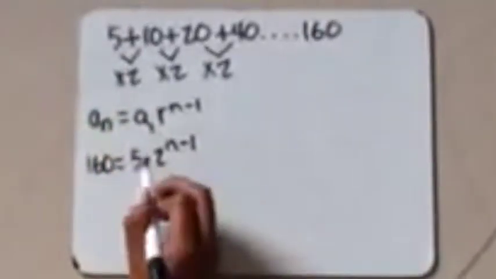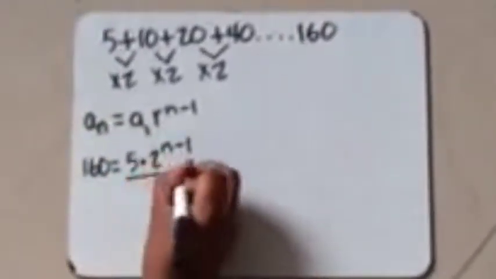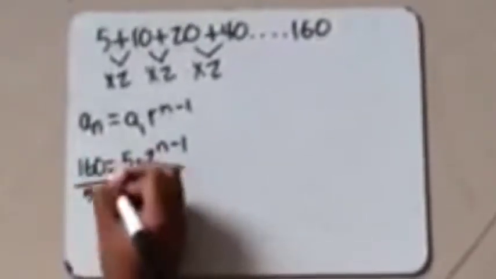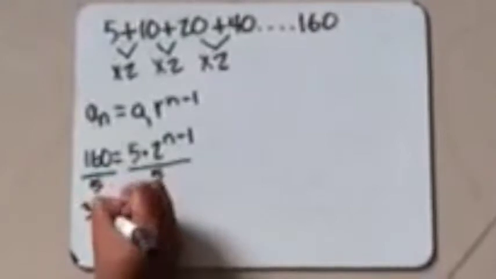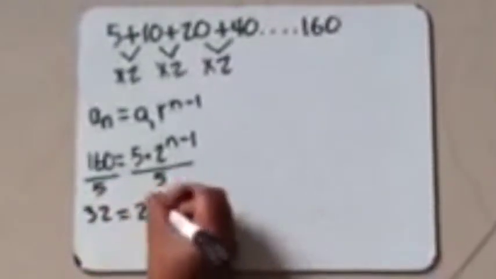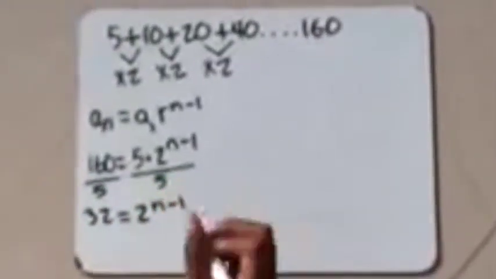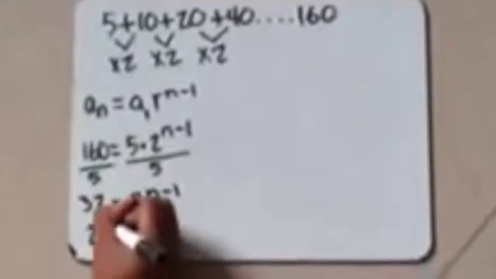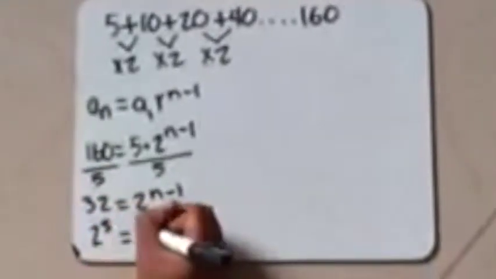Then you want to cancel out the 5, so divide by 5 on each side. 160 divided by 5 is 32. Then you need to figure out 2 to the power of what equals 32, and 2 to the power of 5 equals 32.